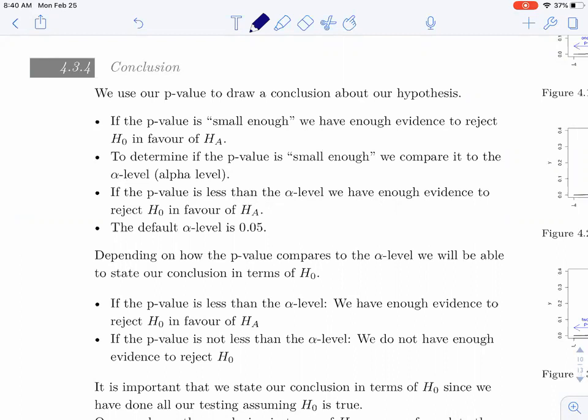So I wouldn't say it's greater than, I would just say it's either less than the alpha level, which means you can reject your null hypothesis, or it's not less than the alpha level, which means you cannot reject your null hypothesis. So here, if the p-value is less than the alpha level, we have enough evidence to reject H0 in favor of HA. If the p-value is not less than the alpha level, we do not have enough evidence to reject the null hypothesis.